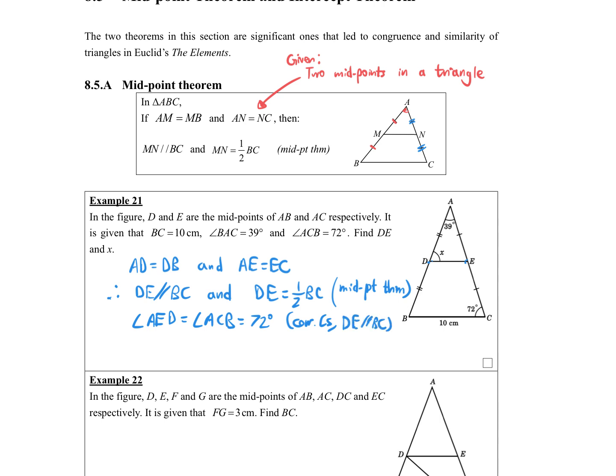And then using angle sum of triangle, you can find x as 69 degrees. Also, we want the length of DE. The question asks two things, and the length of DE is 5 cm.